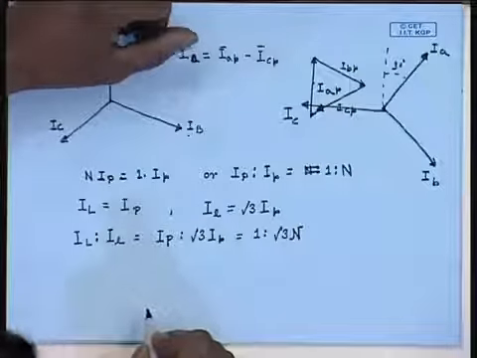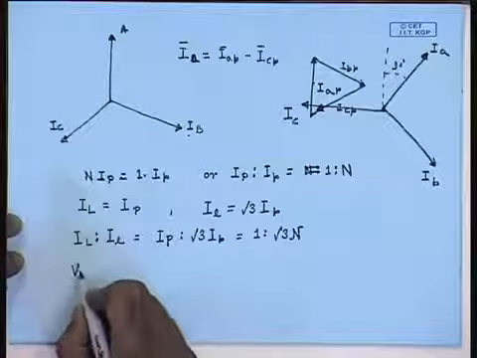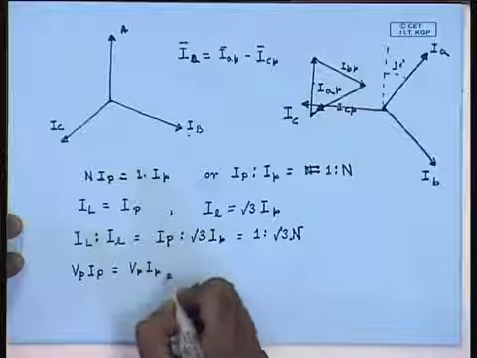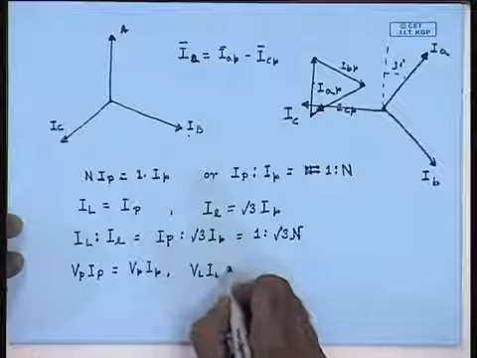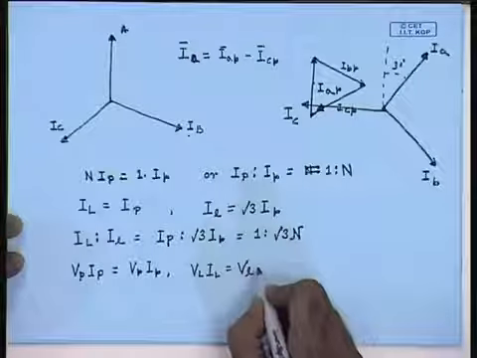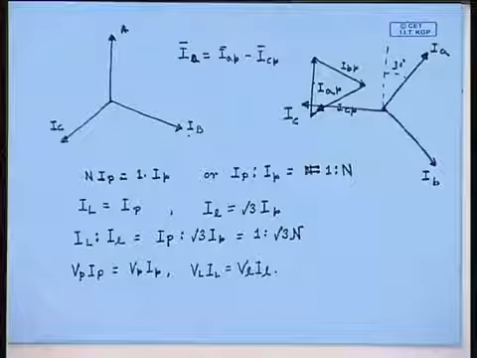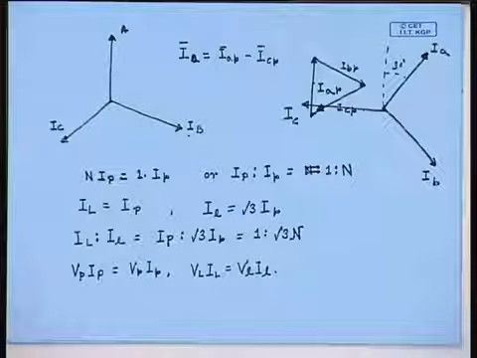Again, it should be noted V P I P equal to V small p I small p as well as V L I L equal to V small l I small l. This relation holds irrespective of the transformer connection.